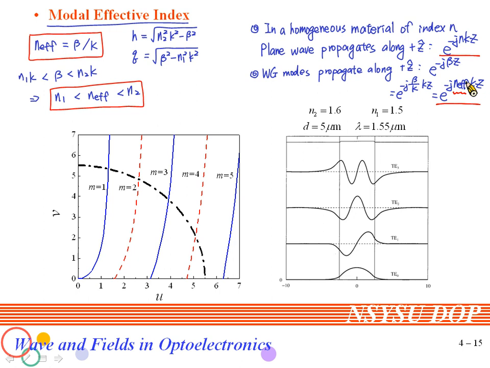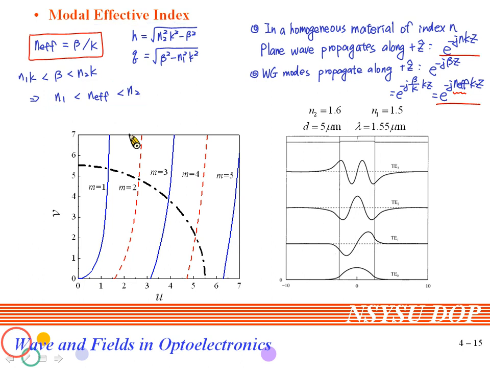As a result, NEFF means the effective index experienced by the waveguide mode as it propagates along the waveguide. That is why NEFF is between n2 and n1. It is the index experienced by this waveguide mode on the optical waveguide, which is formed by materials n2 and n1.